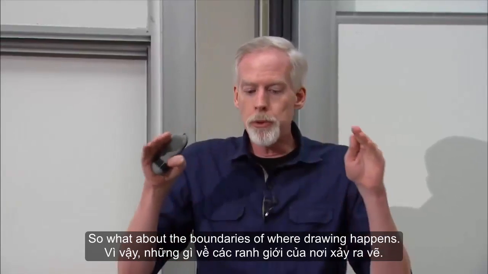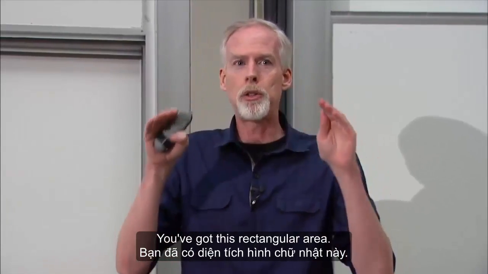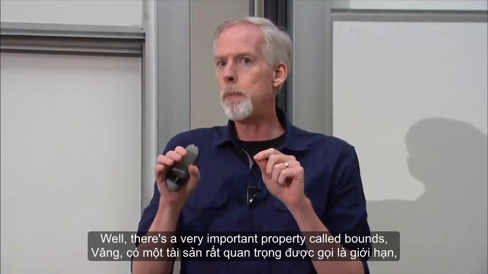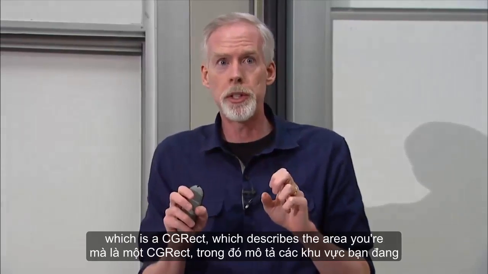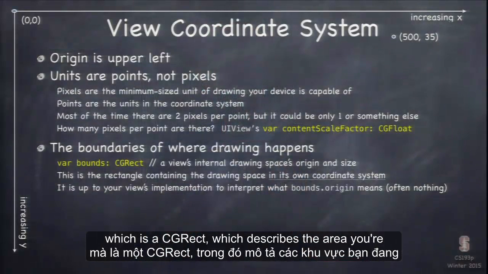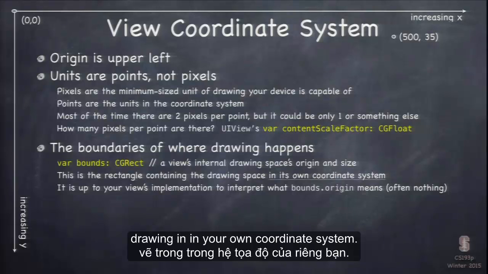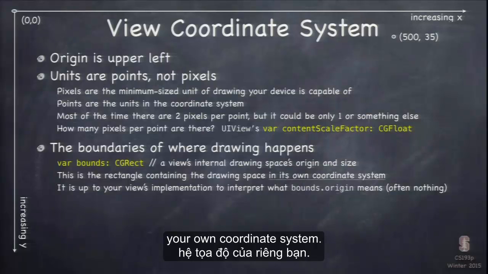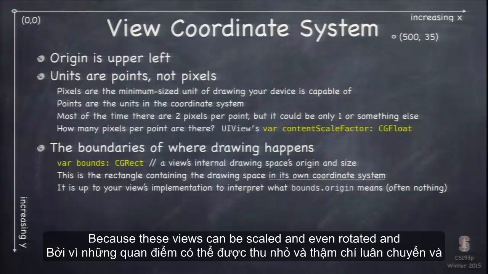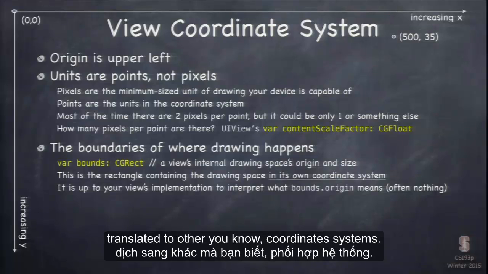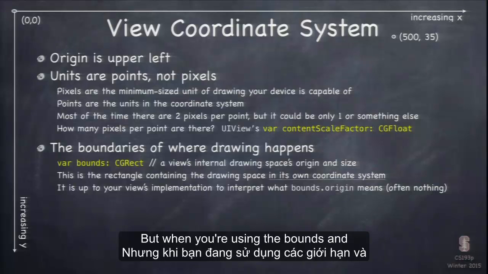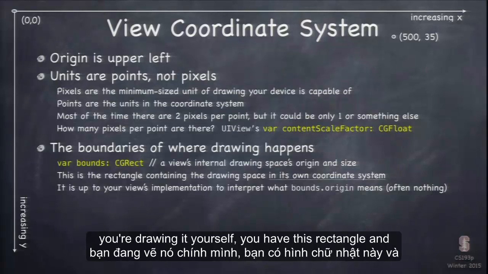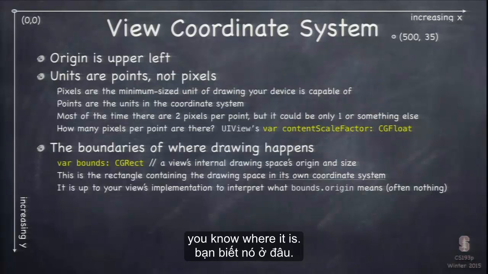So what about the boundaries of where drawing happens? You've got this rectangular area. Well, there's a very important property called bounds, which is a CGRect, which describes the area you're drawing in, in your own coordinate system. It's important that it's in your own coordinate system because these views can be scaled and even rotated and translated to other coordinate systems, but when you're using the bounds and you're drawing yourself, you know where the rectangle is.